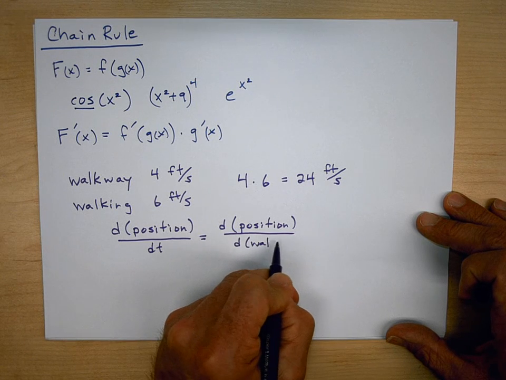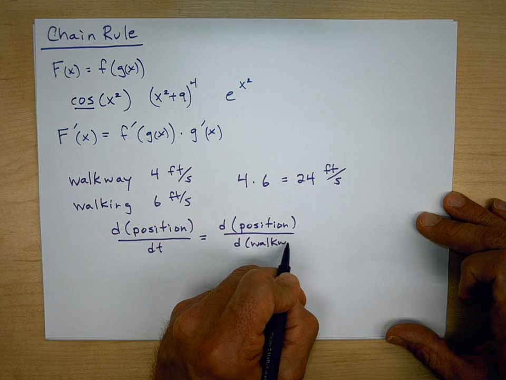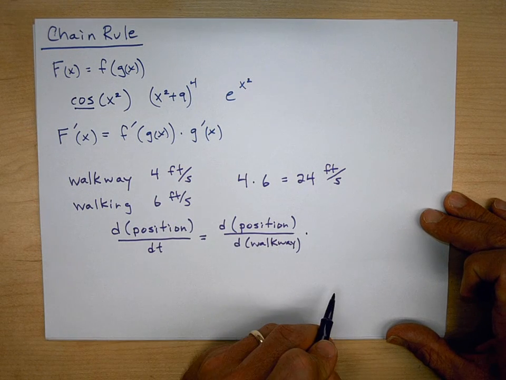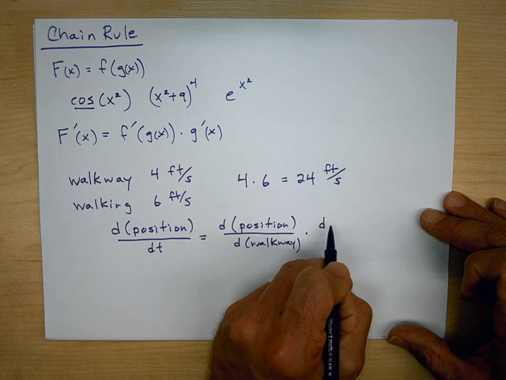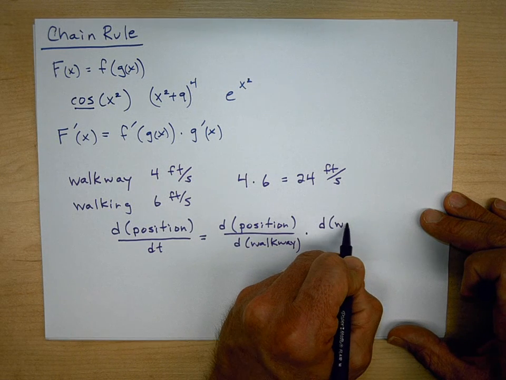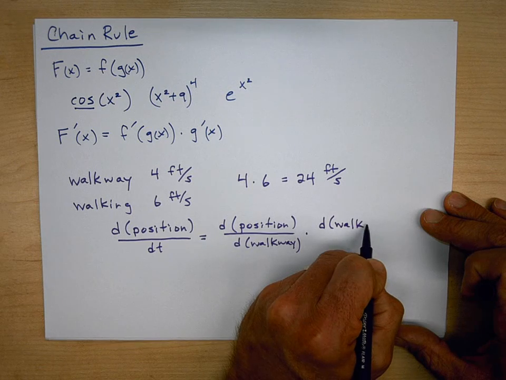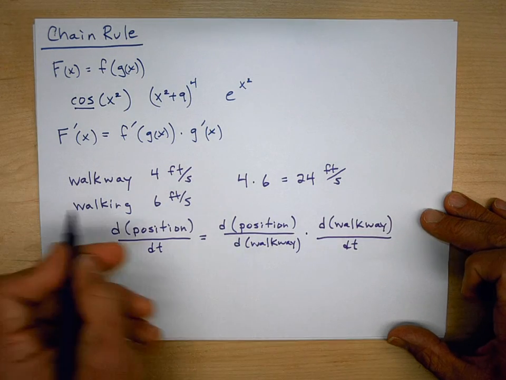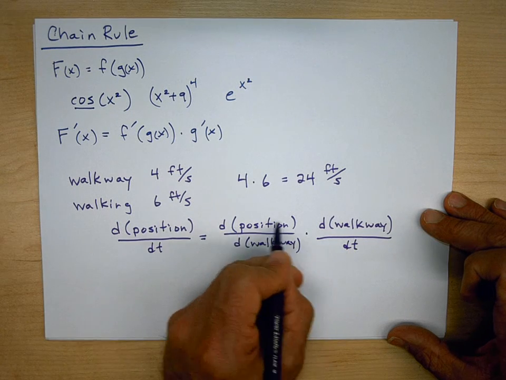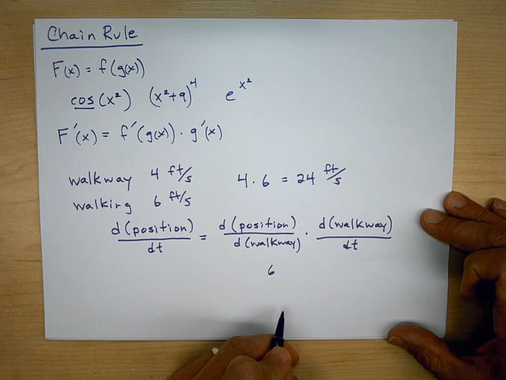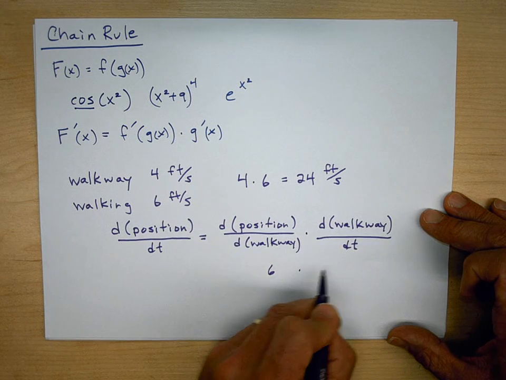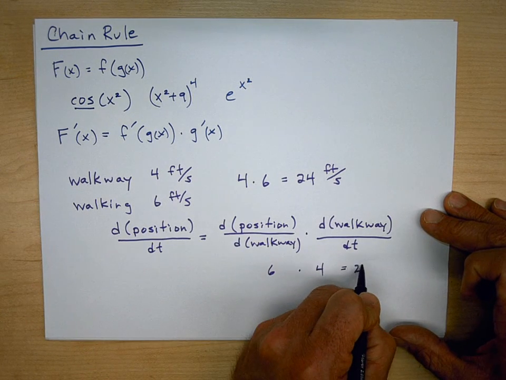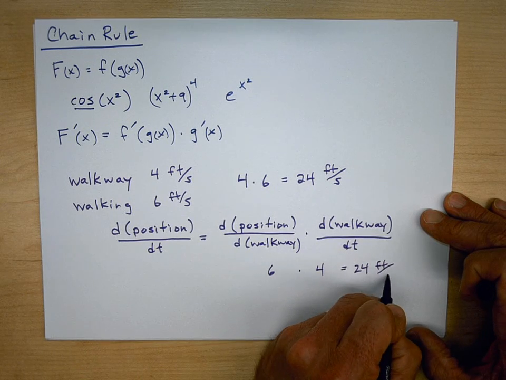So that's how fast you're walking, right? This is how your position is changing on the walkway, times the rate of change of the walkway with respect to time. All right, so we kind of flip this around, because we said that this walking that you're doing on the walkway was 6 feet per second, and the walkway is moving with respect to time at 4 feet per second, so you still get this 24 feet per second.